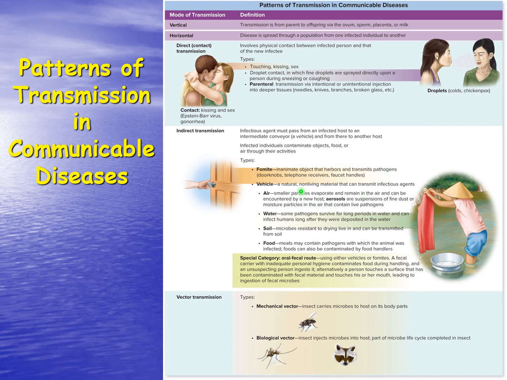Whereas vehicles are usually natural non-living materials such as air, water, soil, or food. Now, there is a specialized indirect transmission called the fecal-oral route. I like fecal-oral better than oral-fecal. The reason is the pathogen is passed fecally from the infected patient and will then be found in the water, soil, or food, and then it's picked up orally from that vehicle. And then we have vector transmission, either biological vectors or mechanical vectors.